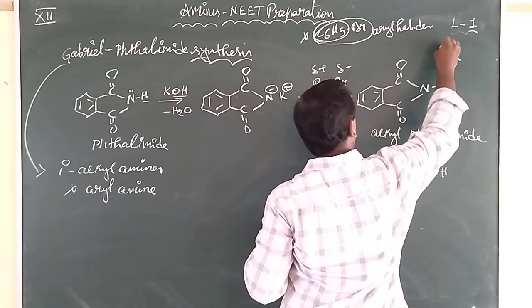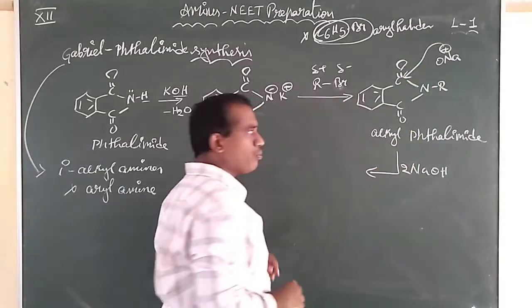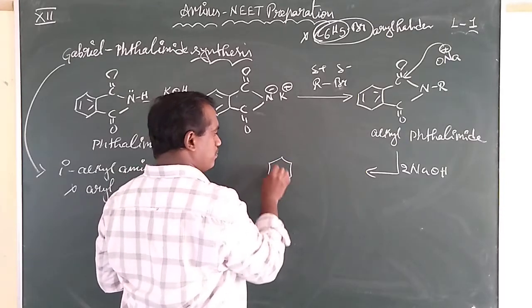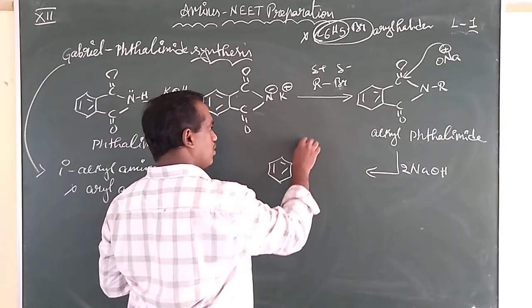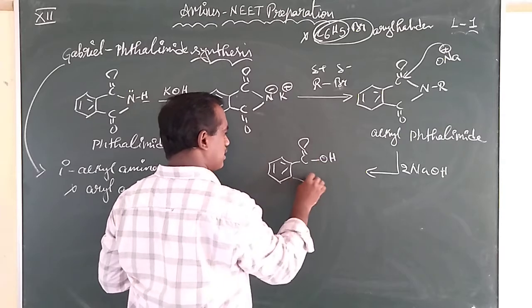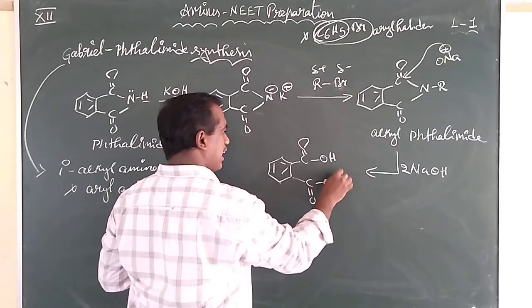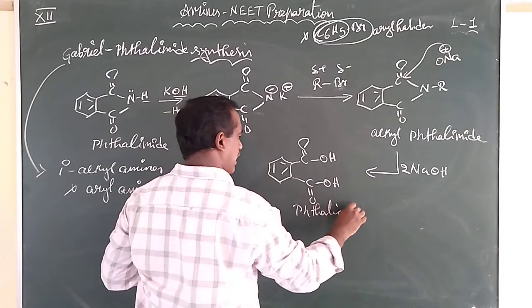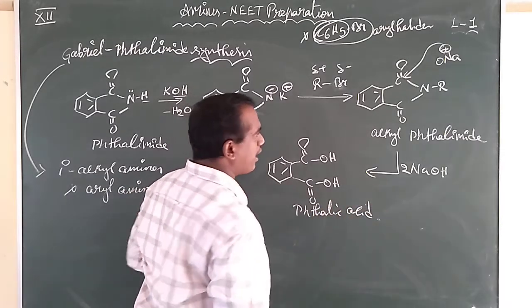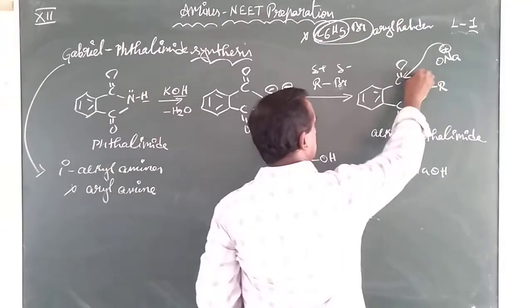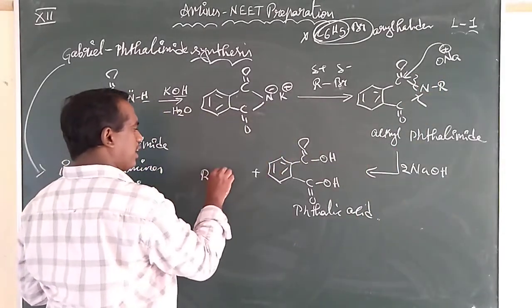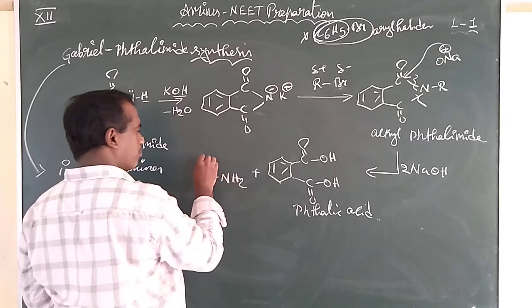Sodium hydroxide gives electrons to the carbonyl group, which is electrophilic in nature, and that results in the formation of phthalic acid. And our remaining part is R and NH2, so that is our product that we are able to get.